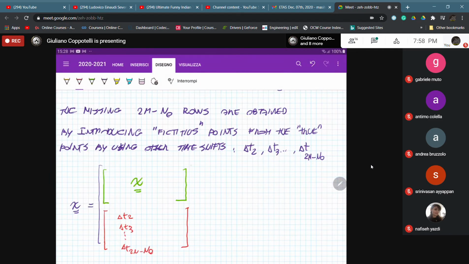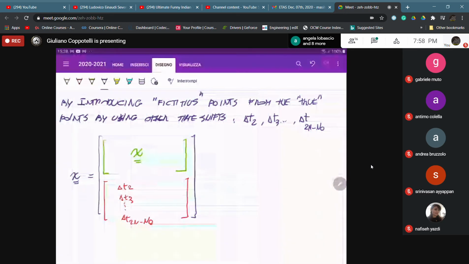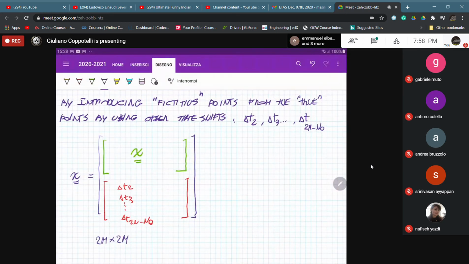So that the resulting chi matrix is a square one, whose dimensions are, of course, 2m times 2m, and the same for the hat chi matrix.